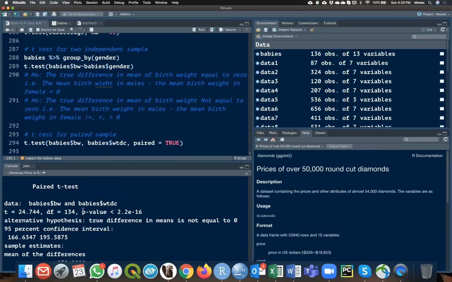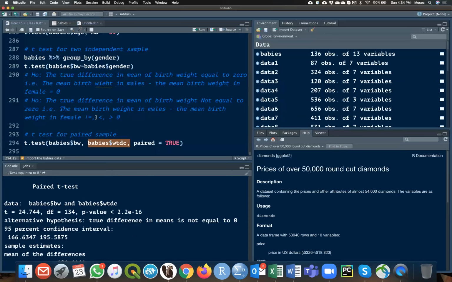If I do that, here, for example, I find my p-value to be much, much smaller. So here I'll conclude that at least whatever they did to the babies during delivery up to the time they were discharged had a significant impact.